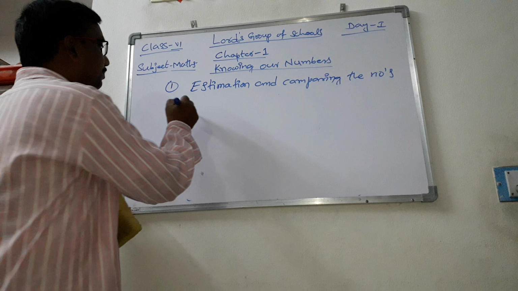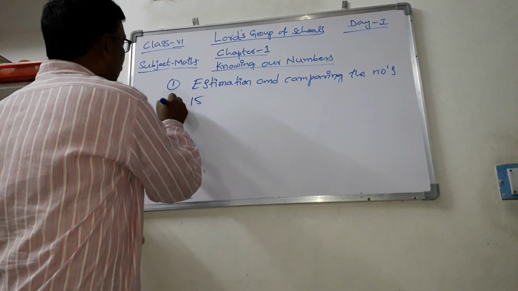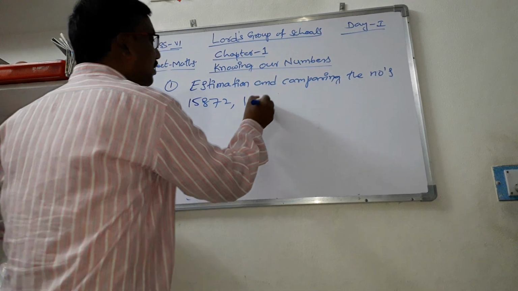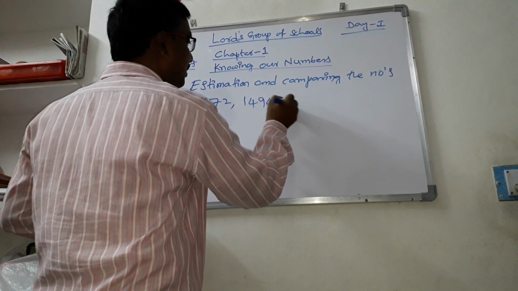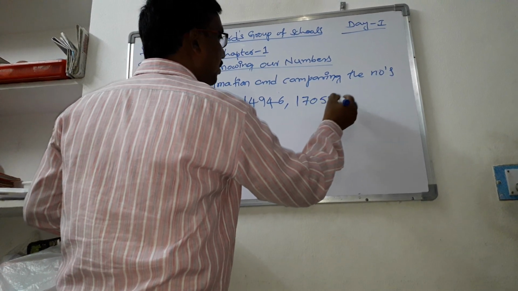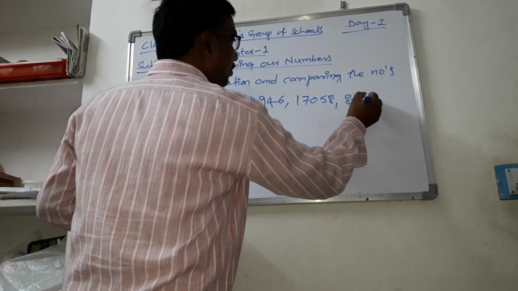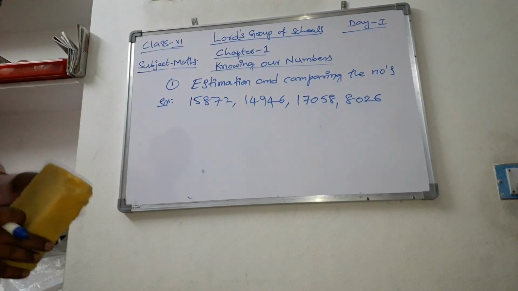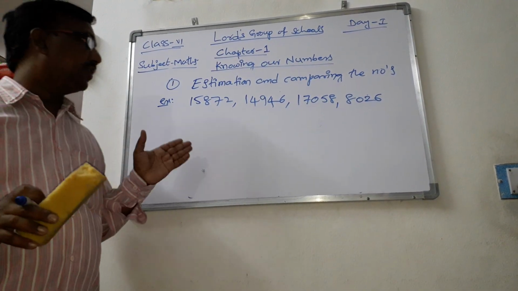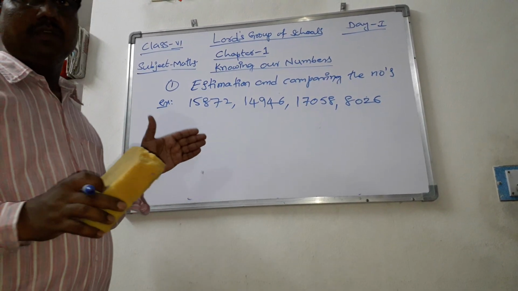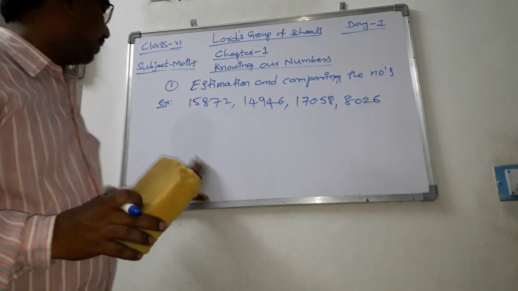For example, 15,872, 14,946, 17,058, 8,026. So four numbers are given. From these we have to find the smallest number and the biggest number. So the comparison should start from the first.